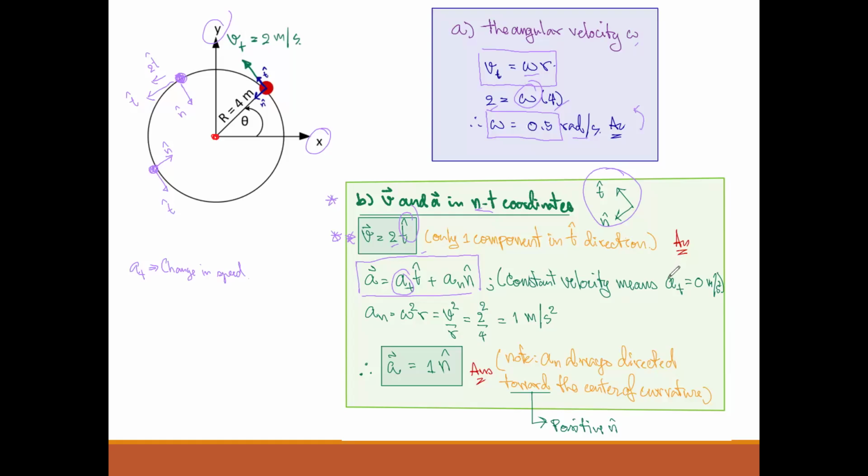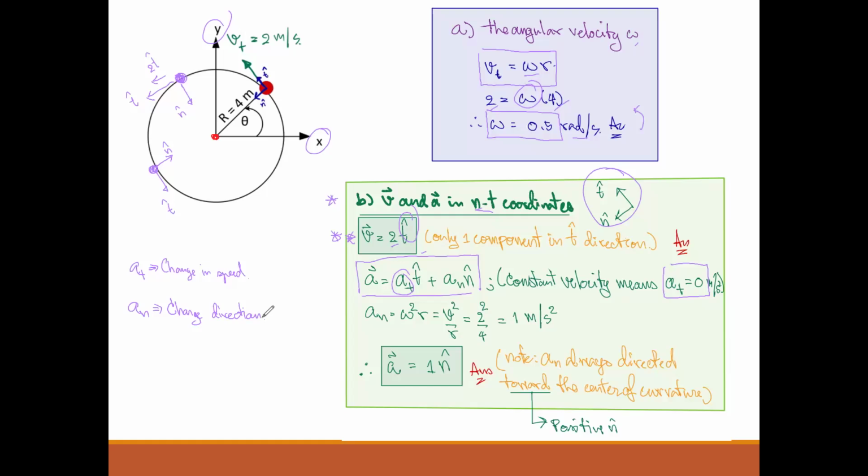It means at becomes 0. But to maintain the motion in a circular path, it requires an, which is used to change the direction of the particle along the path.